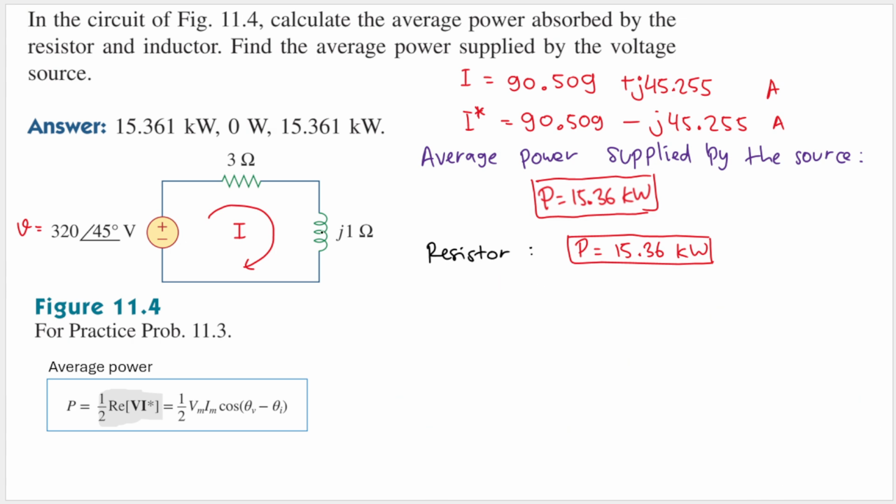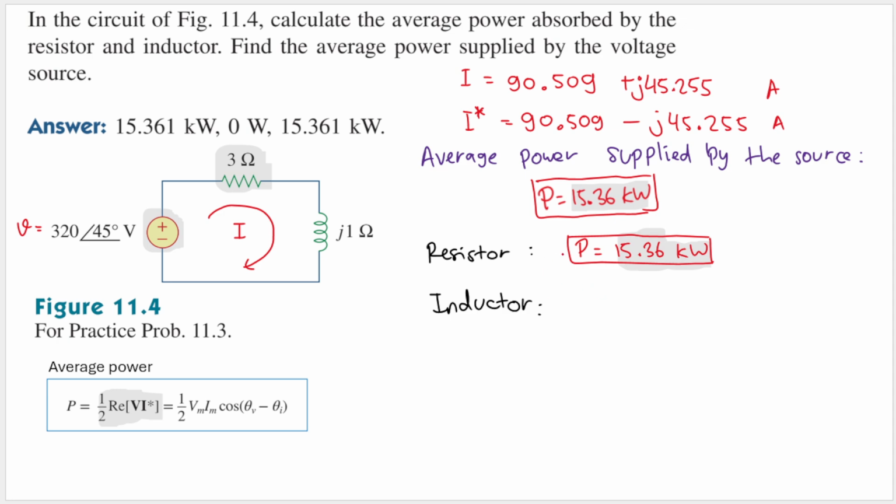And the last thing that we need to do is to find out what is the power absorbed by the inductor. Okay, and here the power supplied by the source is this one, and the power absorbed by the resistor is this one. So all the power is absorbed by the resistor.